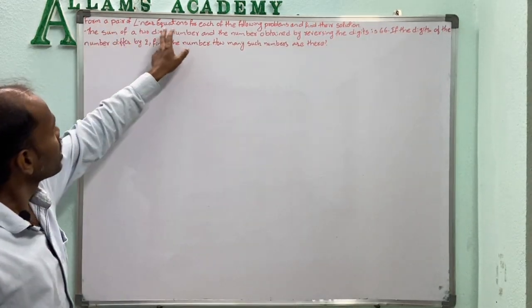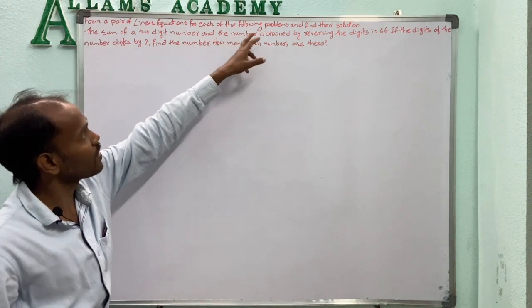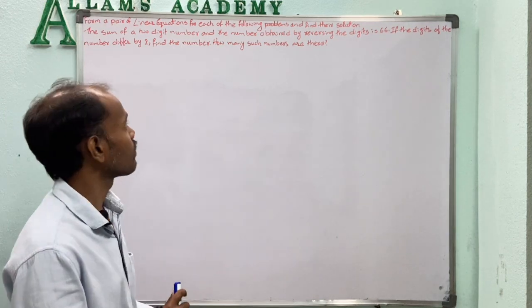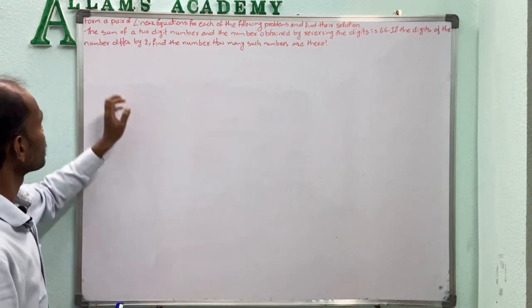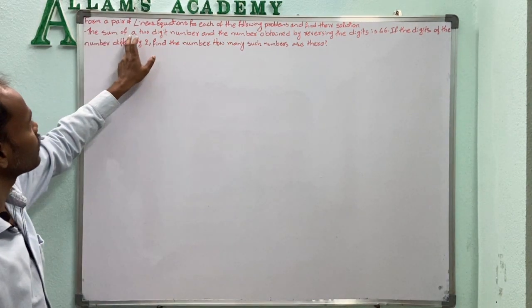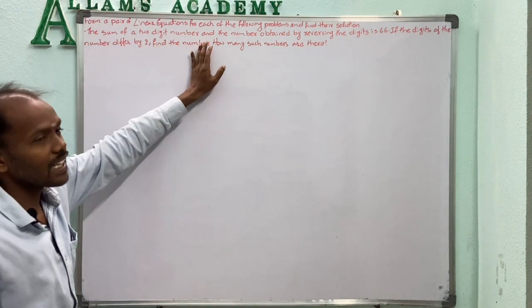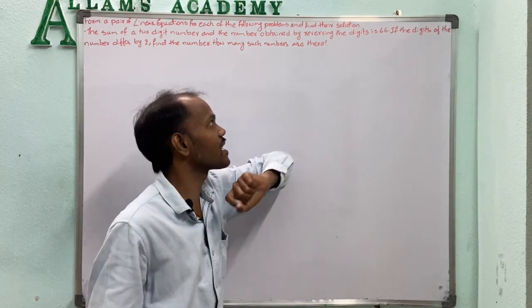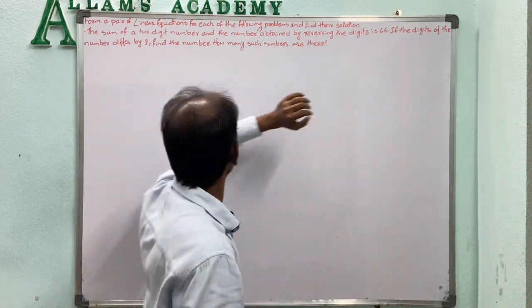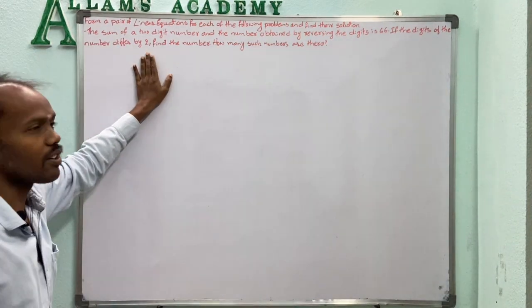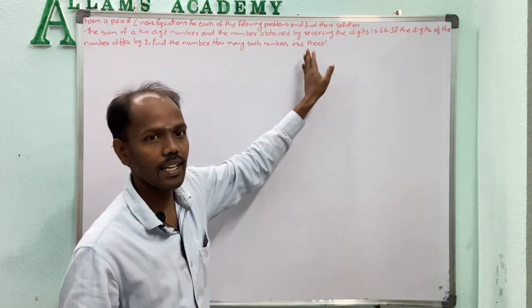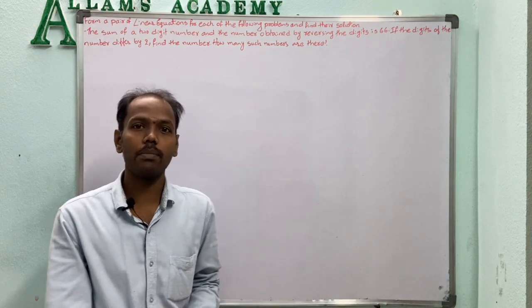Form a pair of linear equations for each of the following problems and find their solution. So here a workout problem is given. The problem is: the sum of a 2-digit number and the number obtained by reversing the digits is 66. If the digits of the number differ by 2, find the number. How many such numbers are there? That is the problem given.